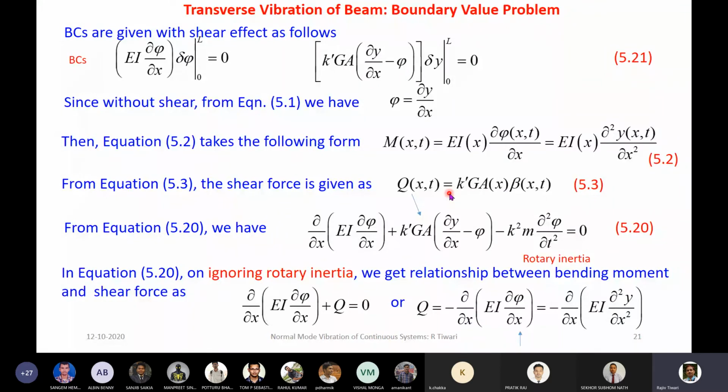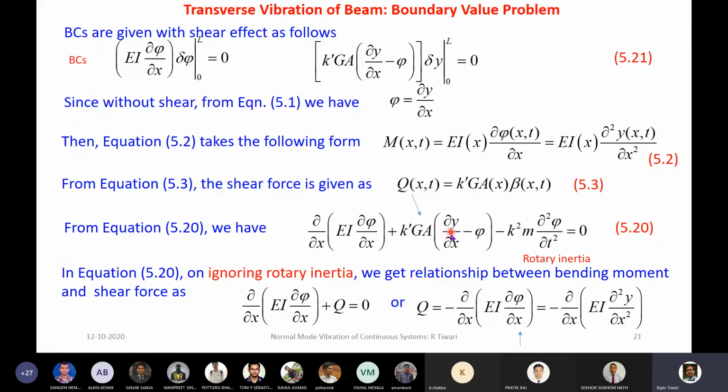In the equation of motion, which was equation 5.20 in the previous slide, this is the term which is the shear force actually. This whole term is shear force, because beta is related with the Timoshenko beam dy by dx.